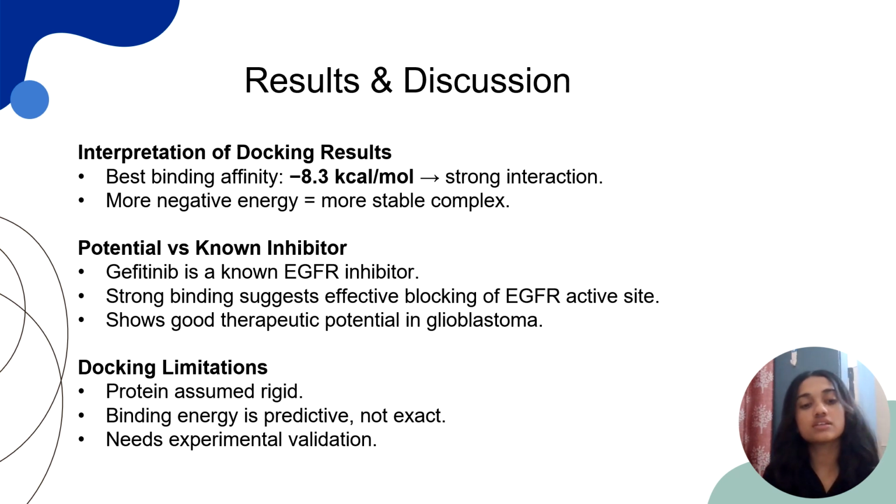The 3D visualization shows gefitinib occupies the ATP binding pocket of EGFR, and the 2D interaction map confirms hydrogen bonds and hydrophobic interactions with the key residues. Since gefitinib is a known EGFR inhibitor, the strong docking result validates our protocol and supports its therapeutic relevance in glioblastoma. Docking results are predicted and require experimental validation, which is one of the limitations of docking.